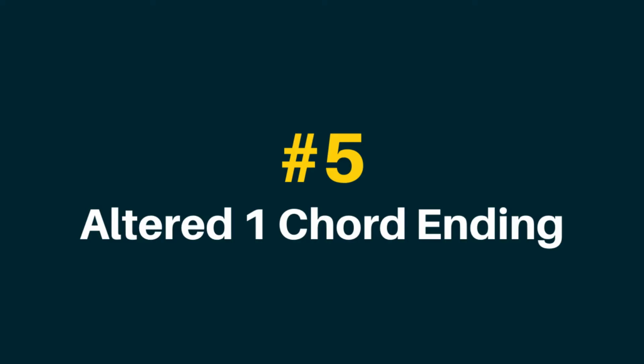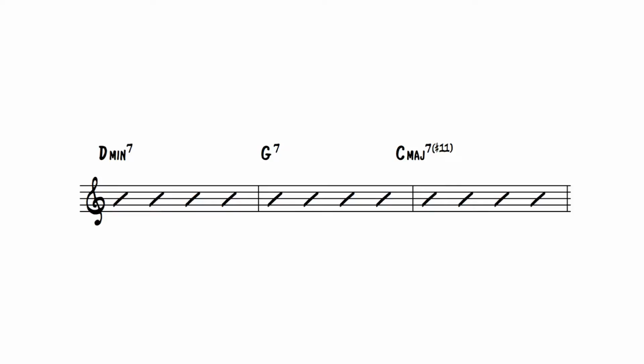One ending that's really common to hear is to simply take the major 1 chord or the minor 1 chord and alter it in some way to add more color. So in the case of a major key, a really great option would be to make the 1 chord a major 7 sharp 11 chord.